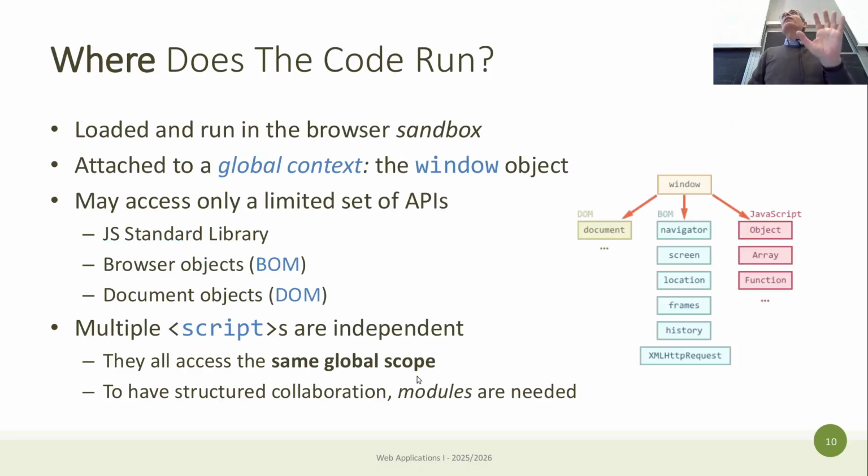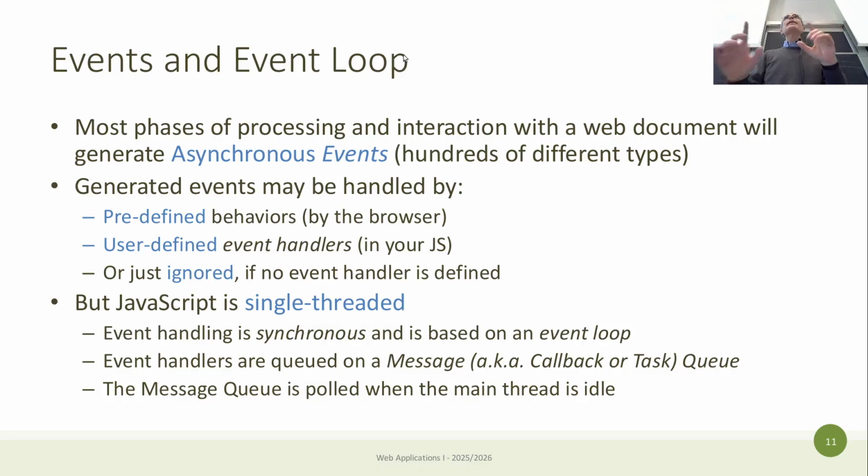Okay. Now, how does the execution environment work in the browser? Well, it works as we saw with Node. Okay, so the principle is the same. Most phases of processing and interaction with a web document will generate asynchronous events, and so they are processed as asynchronous events. There are functions to be called, so JavaScript code to be called when the events happen.